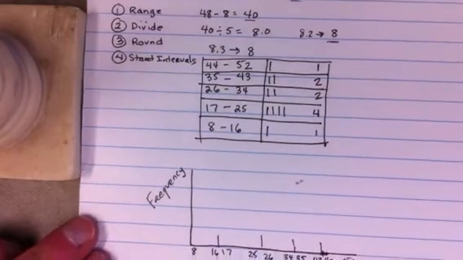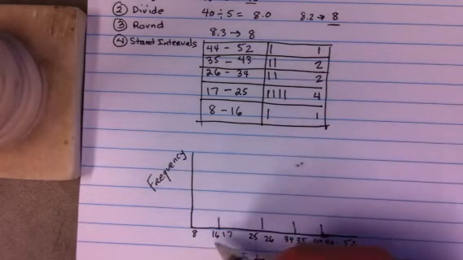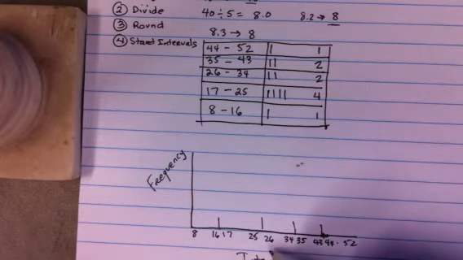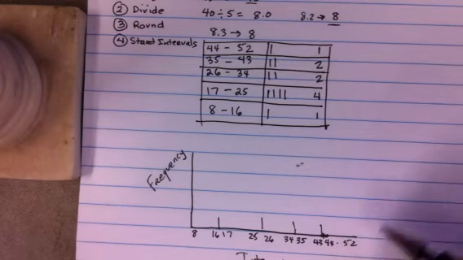I don't know if you can see all that. I'll pull it up a little bit so you can see it a little better. So there we have it: 8 to 16, 17 to 25, 26 to 34, 35 through 43, and 44 through 52.